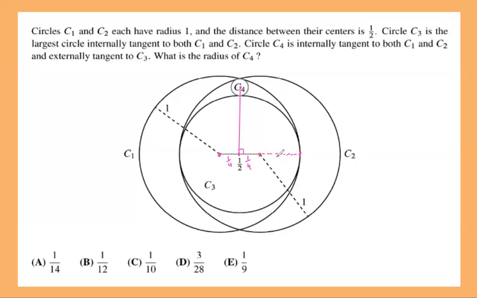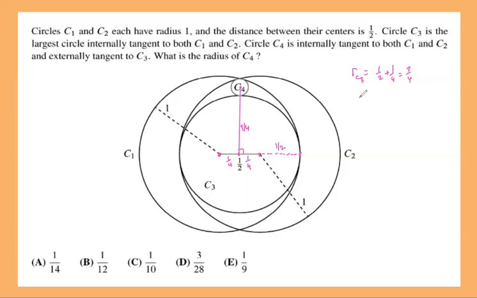Since we know this part is 1/2, the rest should be 1/2 as well. So this is 1/2, this is 1/4. This point was the center of circle 3. If you connect this to this, it adds up to the center of circle 3. So the radius of circle 3 is 1/2 plus 1/4, which is 3/4. That is the same as right here, so that is also the radius of C3.